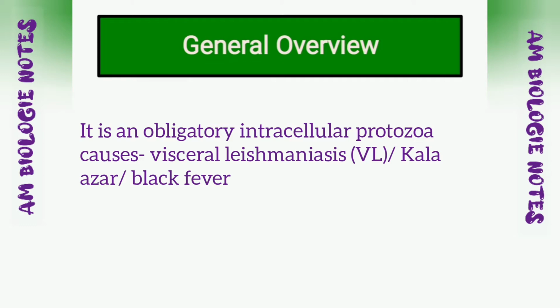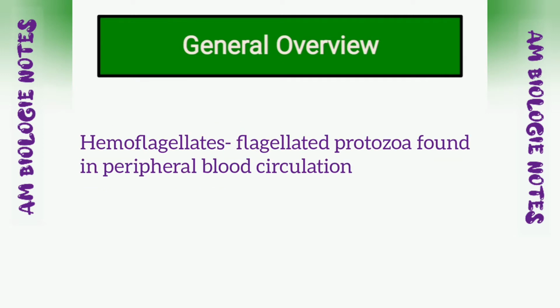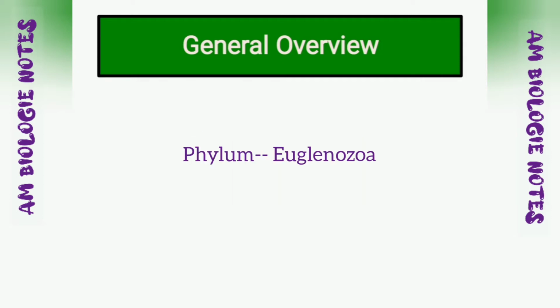Leishmania donovani is an obligatory intracellular protozoa. It causes visceral leishmaniasis or kala-azar or black fever. They are called hemoflagellates because these flagellated protozoa are found in peripheral blood circulation. They come under phylum Euglenozoa.